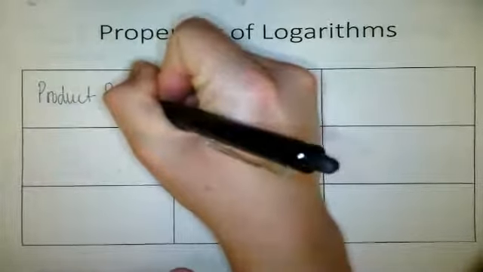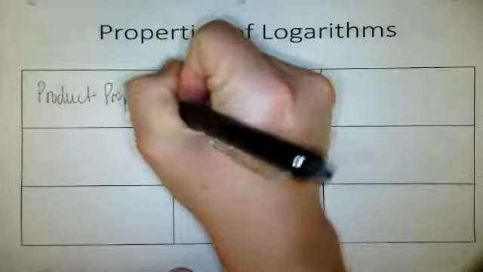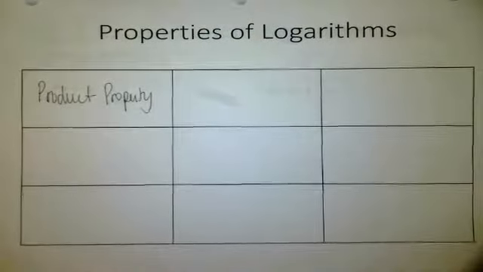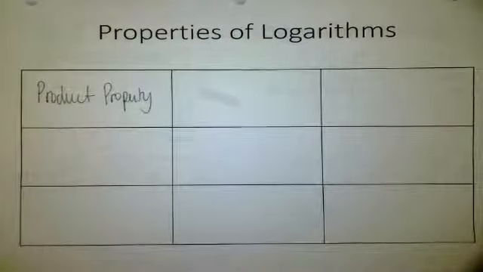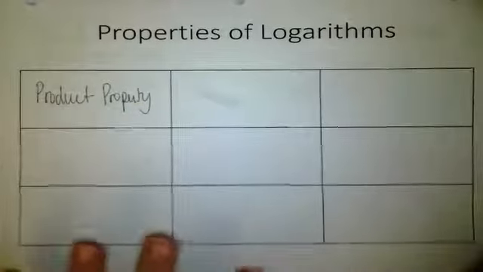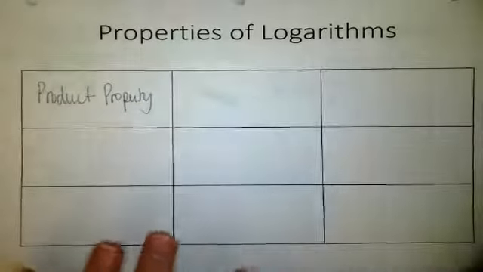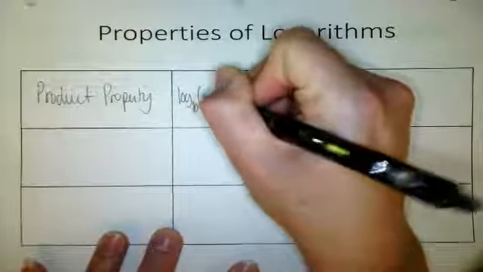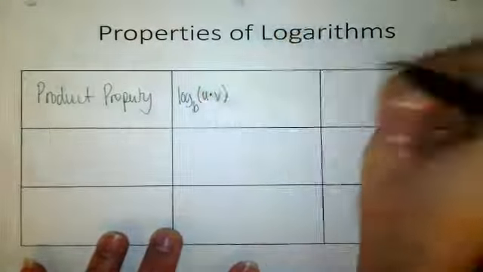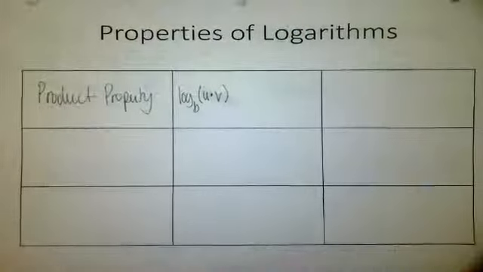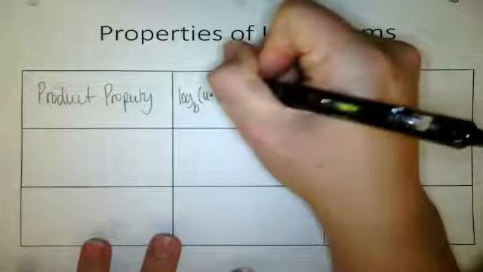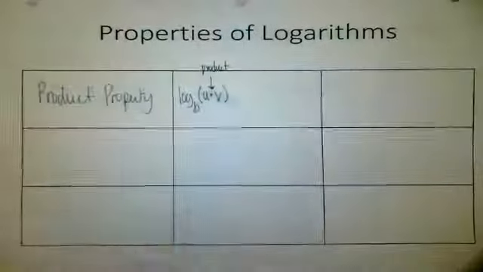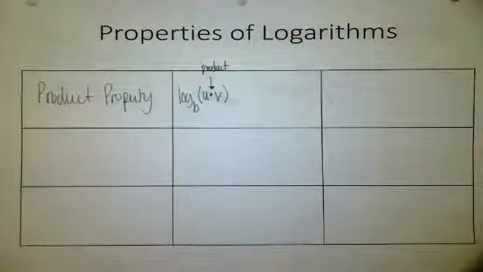The product property says that if I have log base b of u times v, the product refers to the fact that we are multiplying two things together and they're trapped inside of a log.